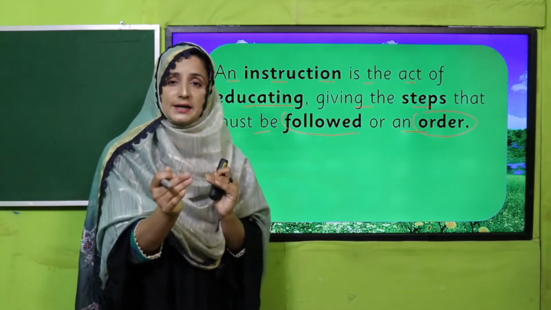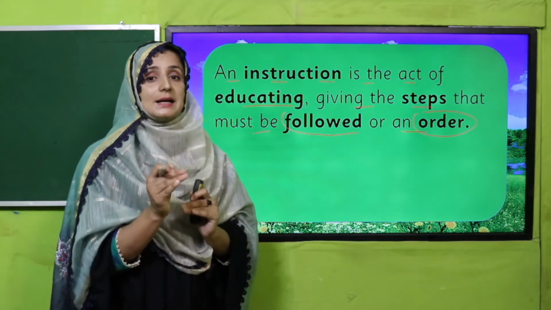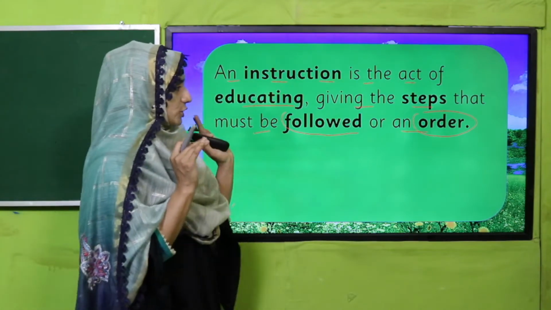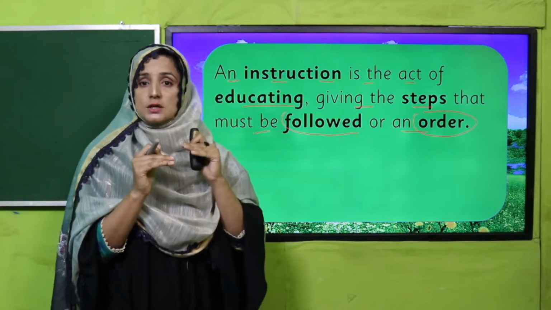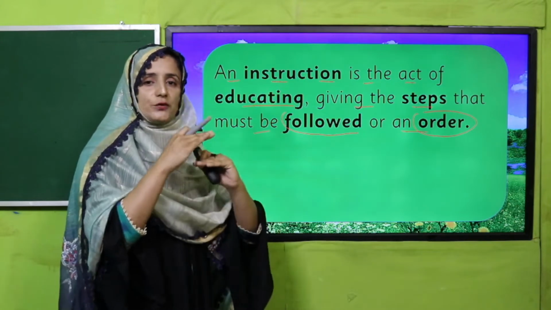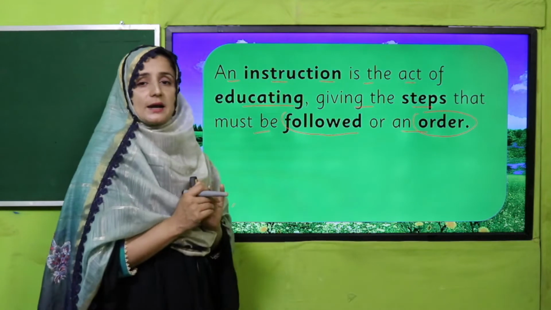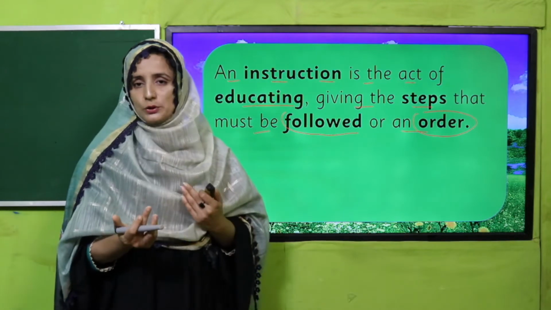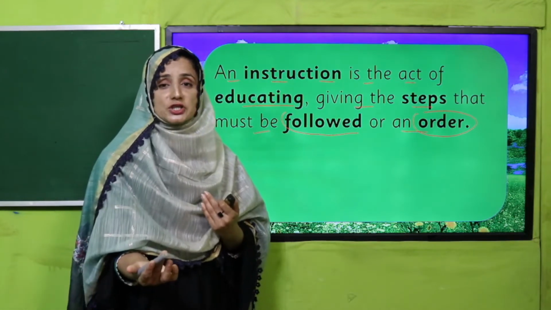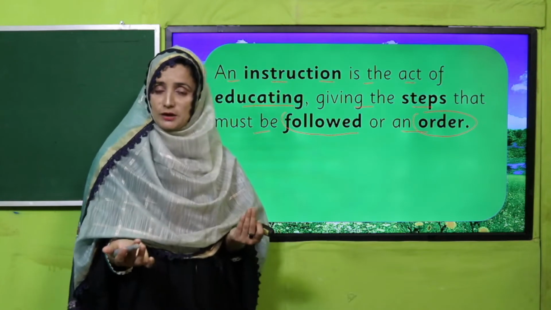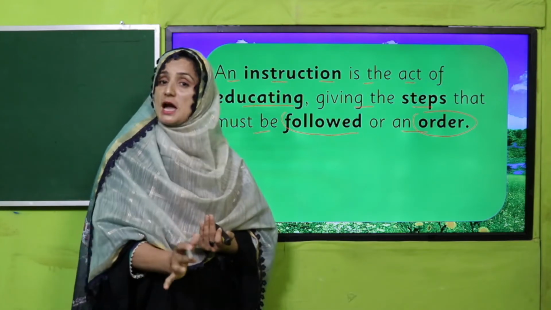When we are guiding them with such sentences, this guideline is called an instruction. We also tell them steps, that first they have to do this, and in this way all these steps go, and it can be an order also, because when a teacher is giving us an instruction, my dear students, it is an order.